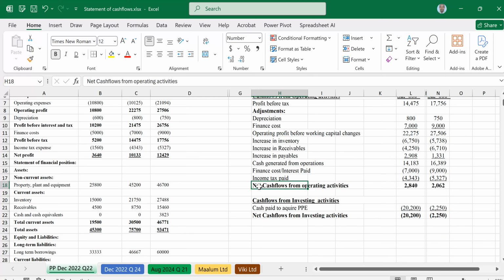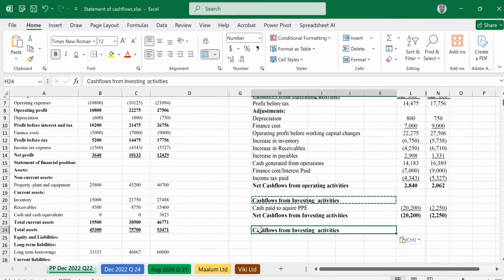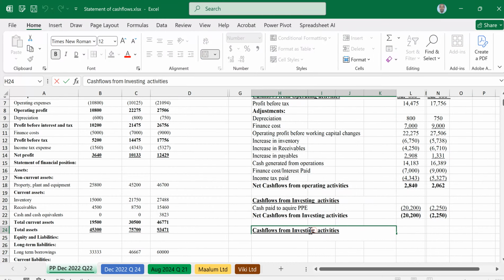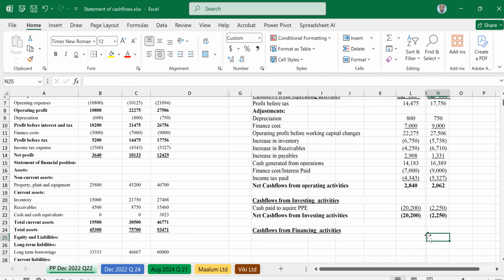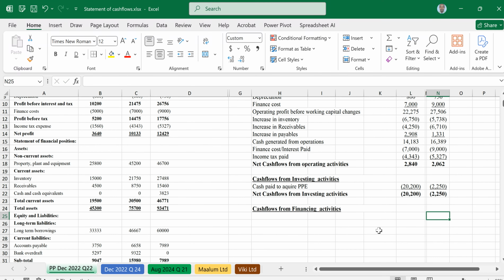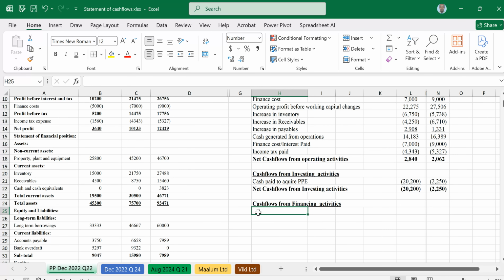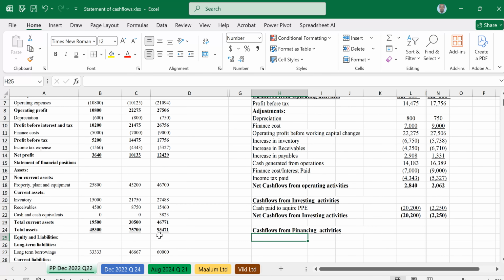Then cash flows from financing activities. Look at the long-term borrowing. The long-term borrowing is increasing.